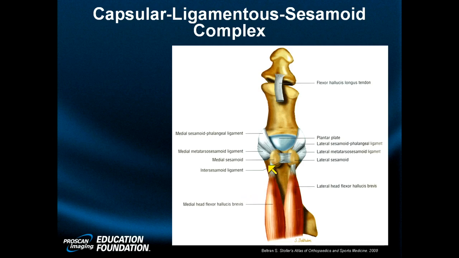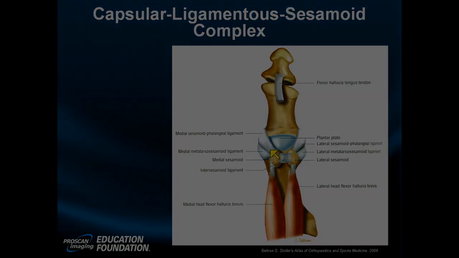So it has tendinous attachments to both the medial and lateral sesamoids. So if you tear this, or you injure the plantar plate and tear this, what happens to the sesamoid? The muscle pulls it proximally, and now you're no longer walking on the sesamoid. The sesamoid comes back towards the arch of the foot.